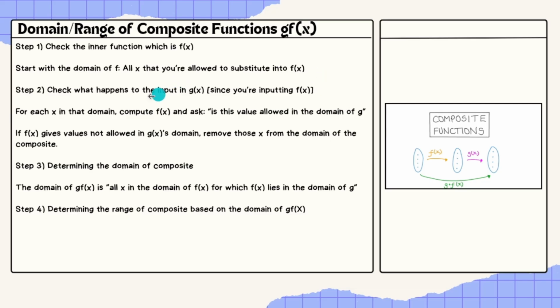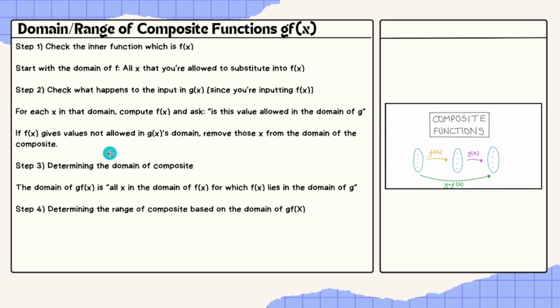Step 2 is to check what happens to the input in g of x, since you're inputting f of x into it. For each x in that domain, you compute f of x and ask, is this value allowed in the domain of g of x? If f of x gives values that are not allowed in g of x, you have to exclude those values from the domain.